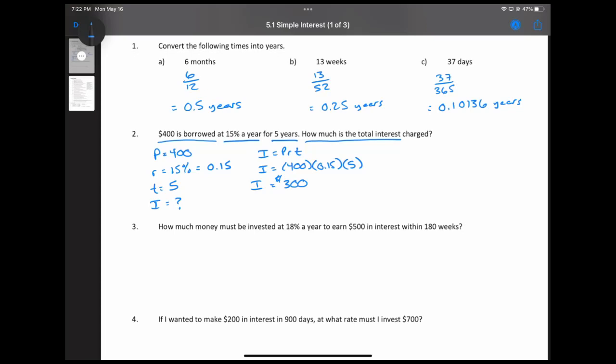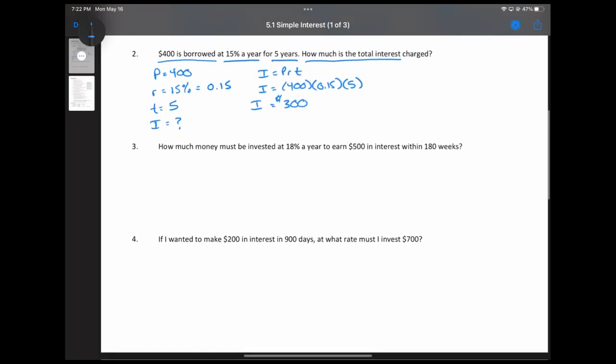Let's try the same thing with question 3. I should read the question first. How much money must be invested at 18% a year to earn $500 in interest within 180 weeks? So the first part, how much money must be invested, that's asking us how much we're starting with, and that would be the principal.